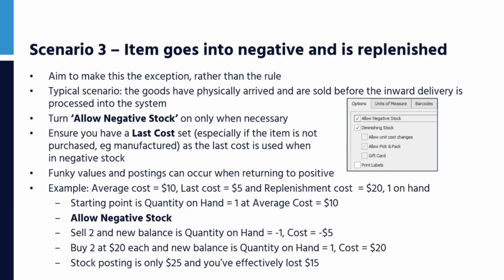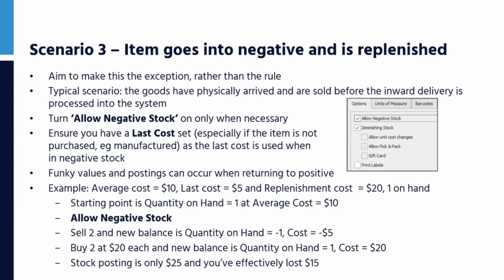The example that we've given here is, essentially, your average cost before you go into negative is $10. Your last cost was $5. But then when you go to repurchase it, it's actually $20 per unit. So in that situation you start with one on hand at an average cost of 10, and you allow the negative stock.